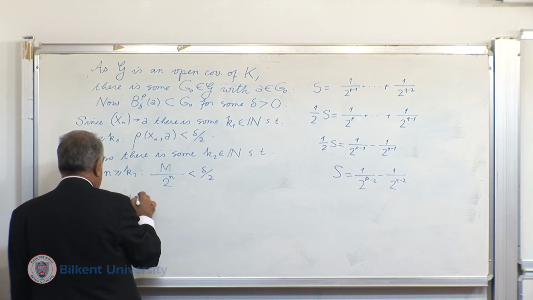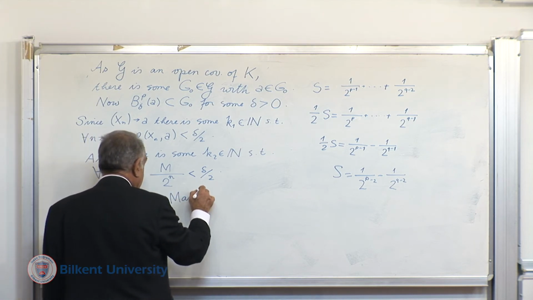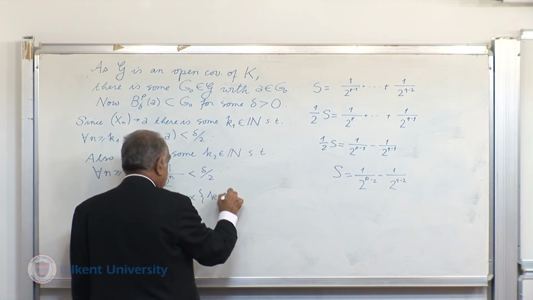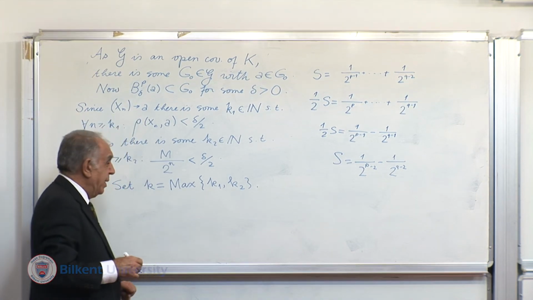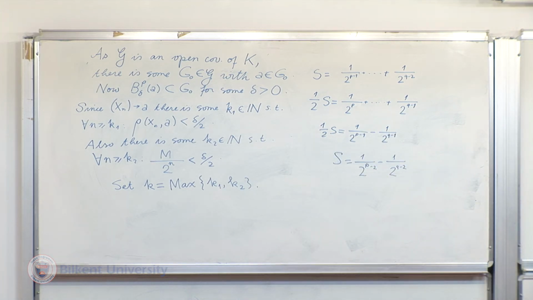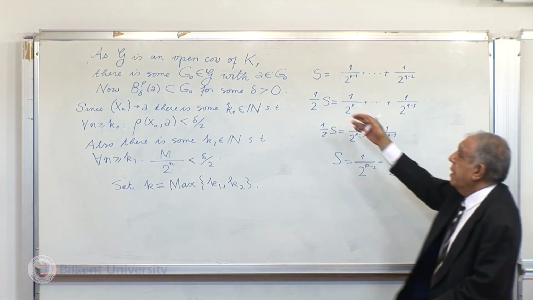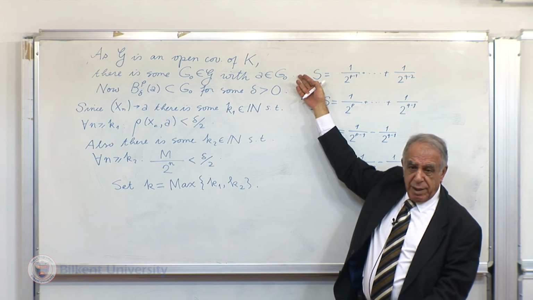Set k equal to the maximum of k1 and k2. Now let us take B sub k. We have actually cooked up the entire thing in such a way that B sub k will be entirely contained in G0. But that will yield the desired contradiction.